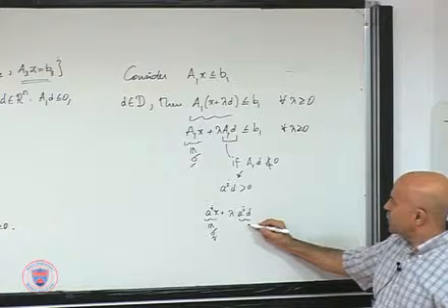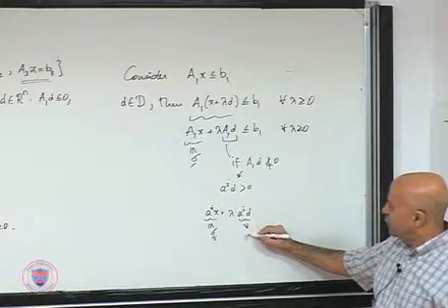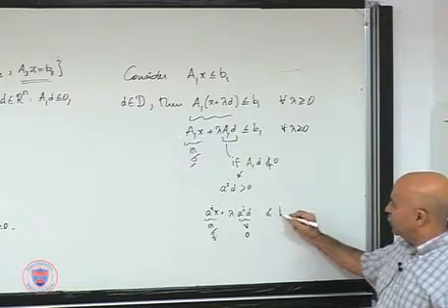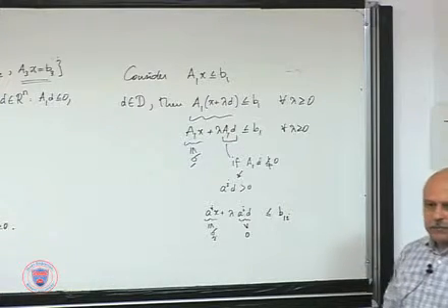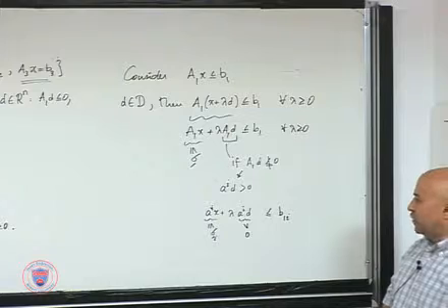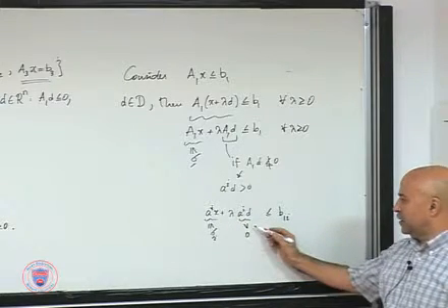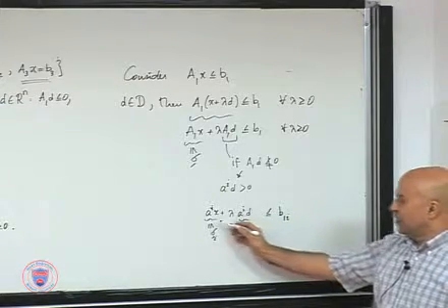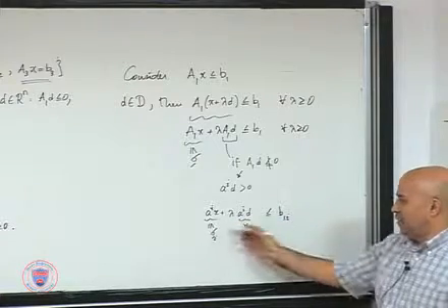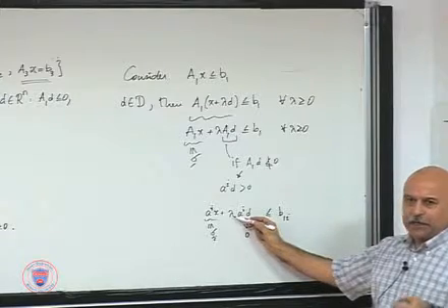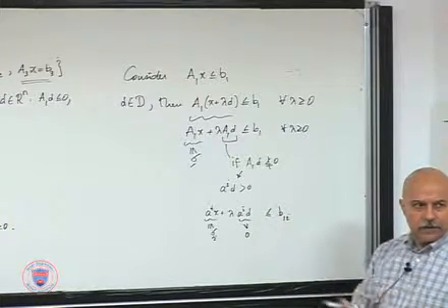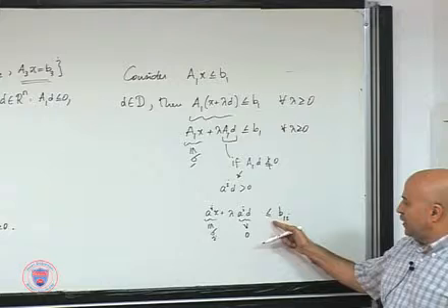And this part is positive, and you require this to be less than or equal to B1i, the ith component of B1. Can you achieve that for every lambda? You cannot. Since this is positive, even if equality holds, as soon as lambda becomes positive, you have a violation of the inequality.